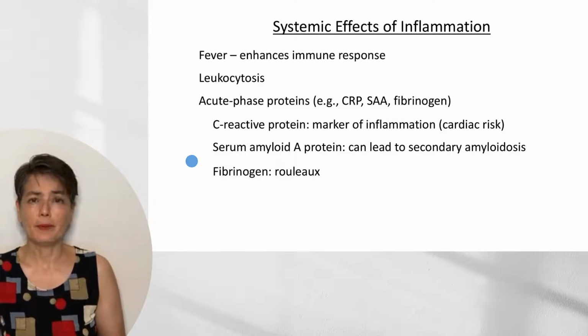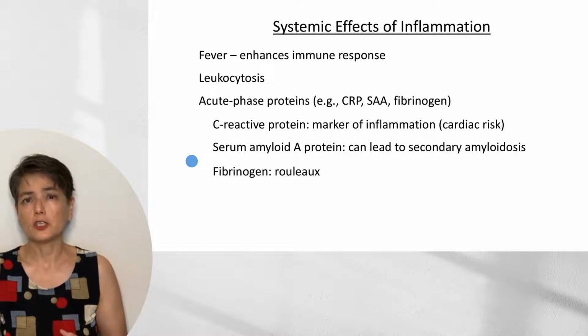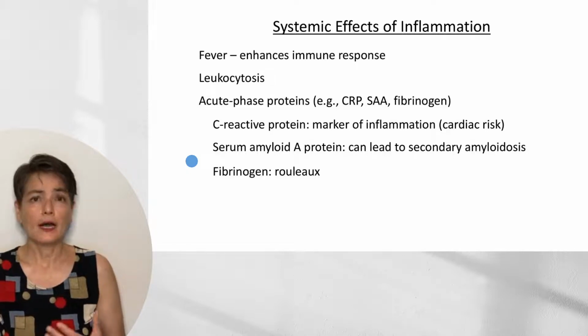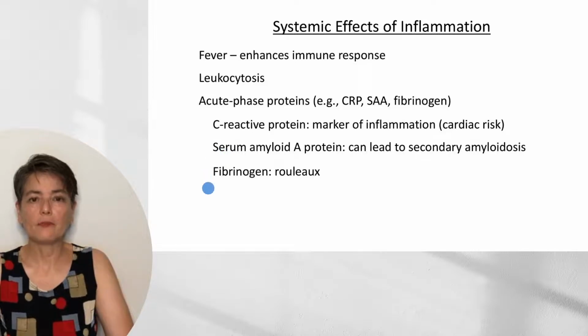Sometimes you can see it in patients with long-standing infections. And what this protein can do is it can form these insoluble sheets of protein that, depending on where they're deposited, can have a variety of different effects. In the heart, it can lead to a restrictive cardiomyopathy, which you can learn more about in the cardiology or cardiopathology lectures. And then finally, the last one of these will be fibrinogen.